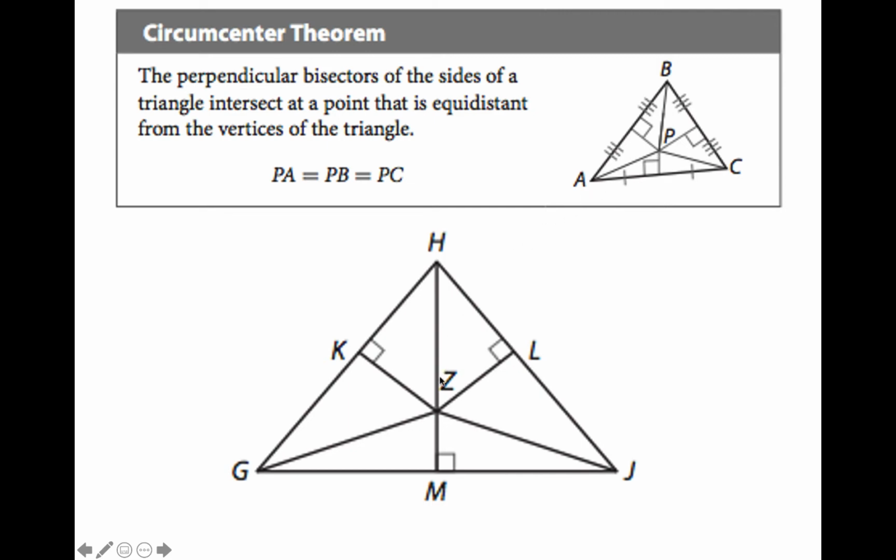So in this picture here, that would mean that this length is equal to this length is equal to this length. The circumcenter is equidistant to the vertices or the corners of the triangle.